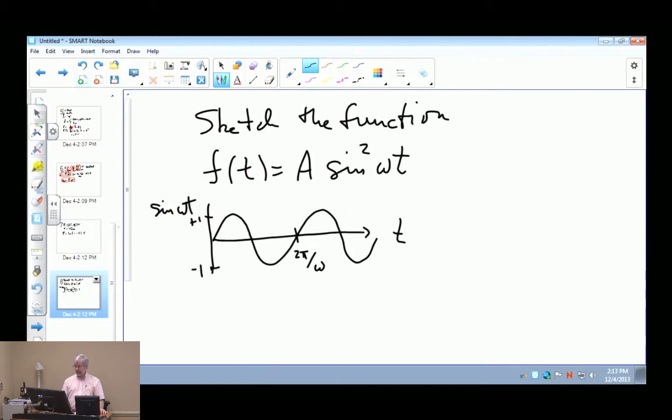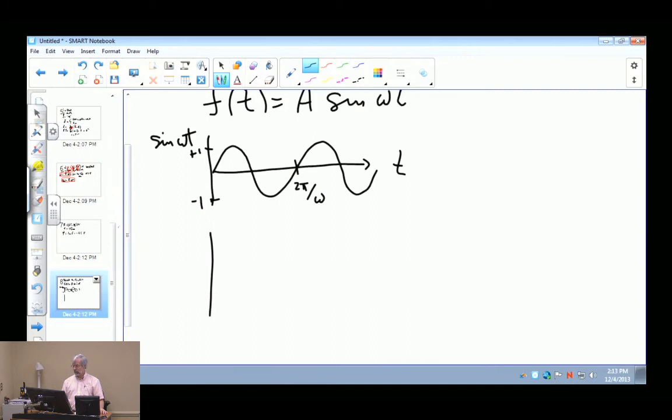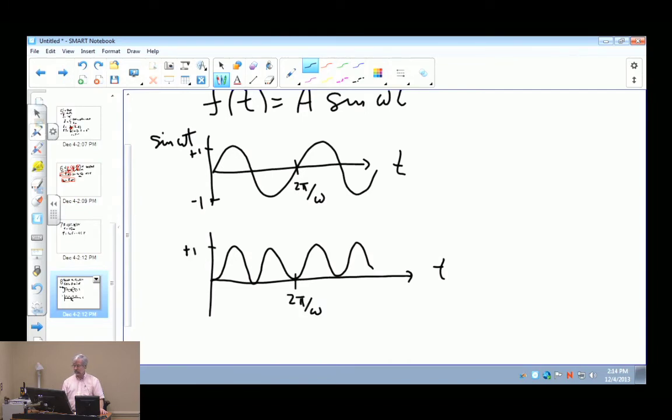And now if you square that thing, it looks like that. So the period gets halved? Yep. Is the amplitude the same? The amplitude is from 0 to 1.